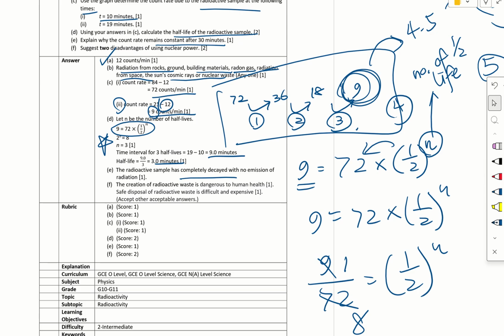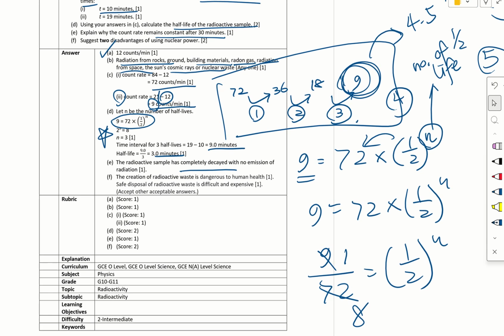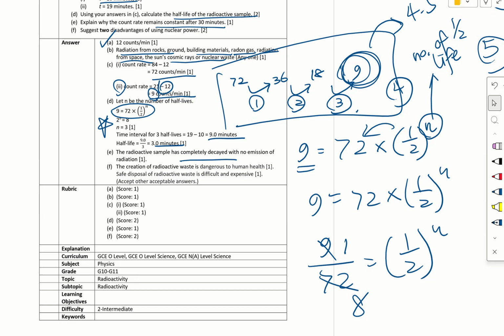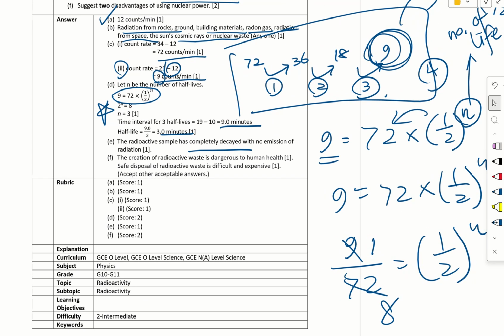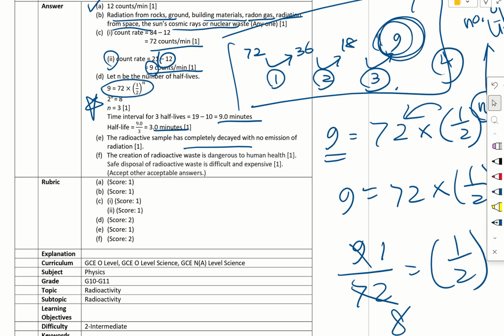Now, suggest two disadvantages of using nuclear power. Singapore may be exploring the idea of developing a nuclear power plant. So this one you need to memorize. The creation of radioactive waste is dangerous to human health.